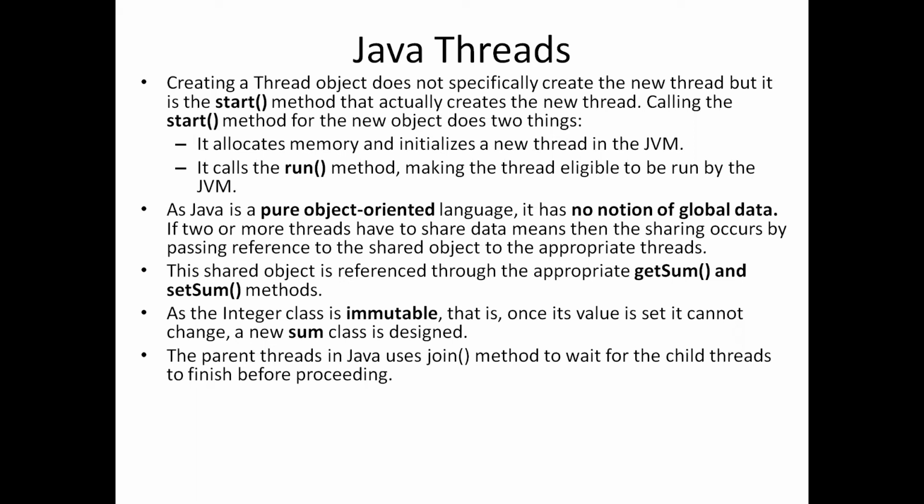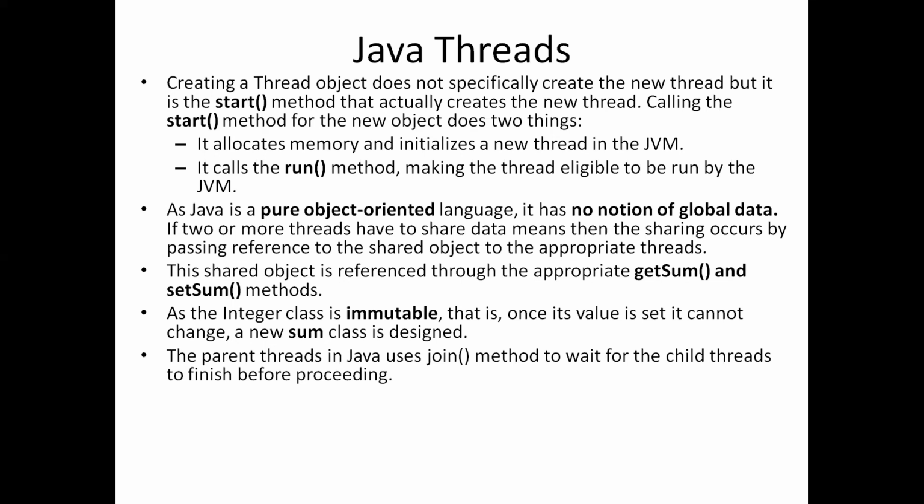First it allocates the memory and initializes the new thread in the JVM. Then it calls the run method, making that thread eligible to run by the Java Virtual Machine.